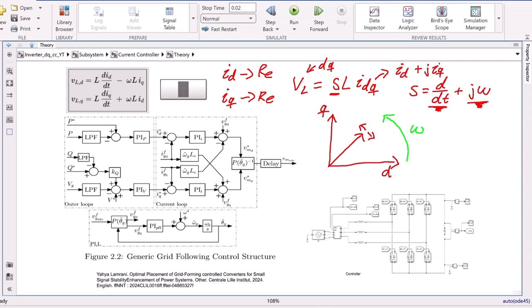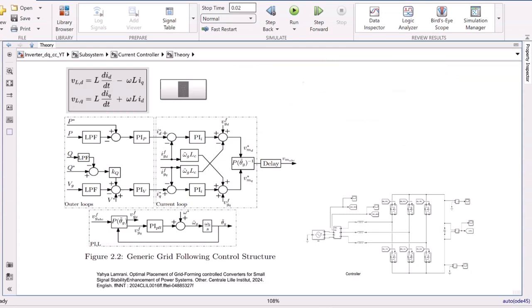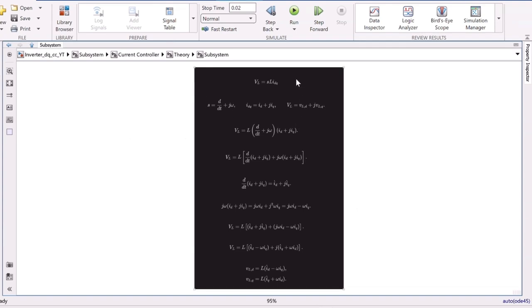So this is expressed as a complex number. And you can also do the same for the voltage. Now, if you solve this equation here, you will get these two equations for the voltage in the D coordinate and the Q coordinate. I will not show you how you do it, but here is a derivation of the voltages.